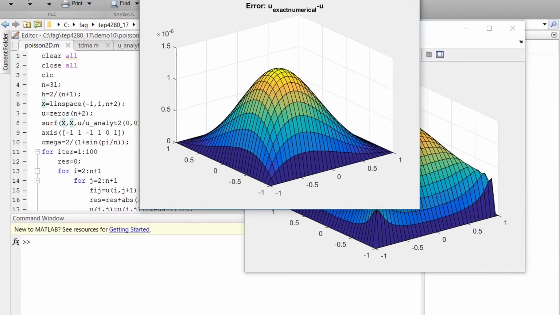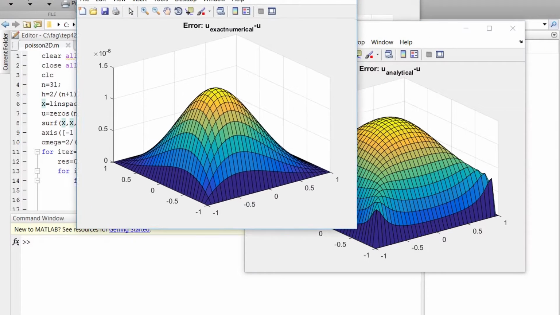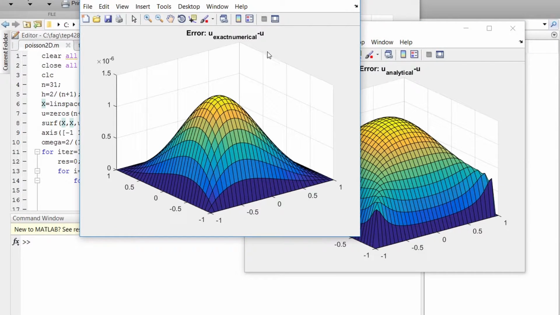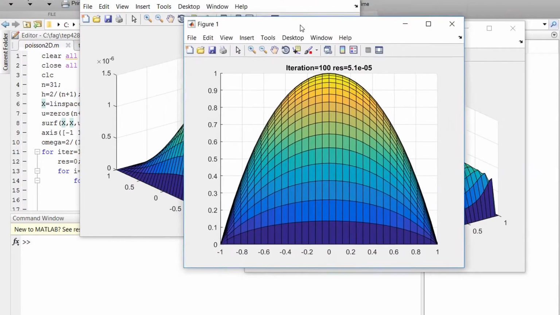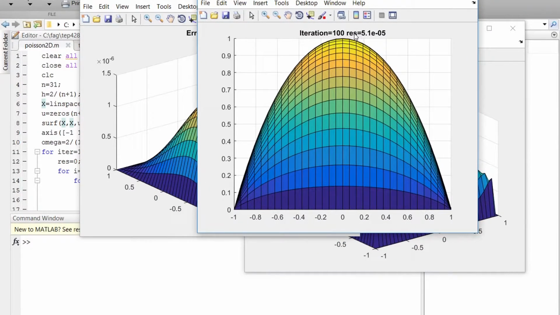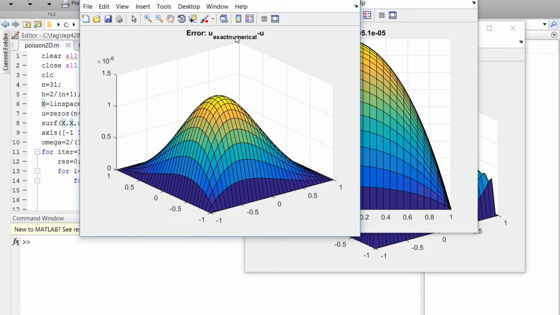Let's take this one first. That is the difference between MATLAB's backslash and my numerical solution. 10 to the power of minus 6 for the scale, so very, very close to 0 indeed, which sort of mimics my final residual of 10 to the power of minus 5, so I have found the numerical solution fairly close.